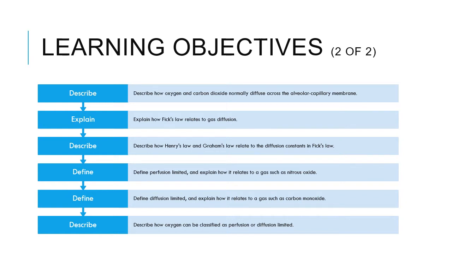You will define perfusion limited, and explain how it relates to a gas like nitrous oxide. Define diffusion limited and explain how it relates to a gas like carbon monoxide. And describe how oxygen can be classified as either perfusion or diffusion limited.